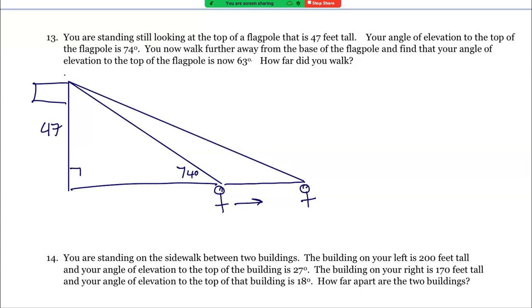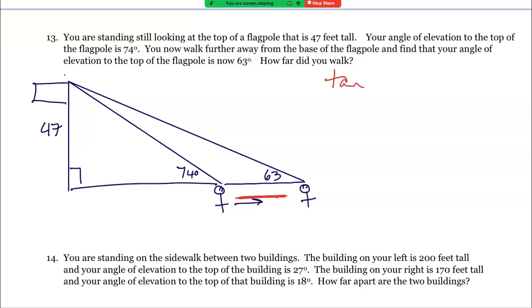Okay, so this is the right triangle. This is now 63. They want to know, how far did you walk? That's what's missing. So what do you know so far? I have two angles of elevation, and I have the opposite. I need adjacent values. So I'm going to start off using tan.